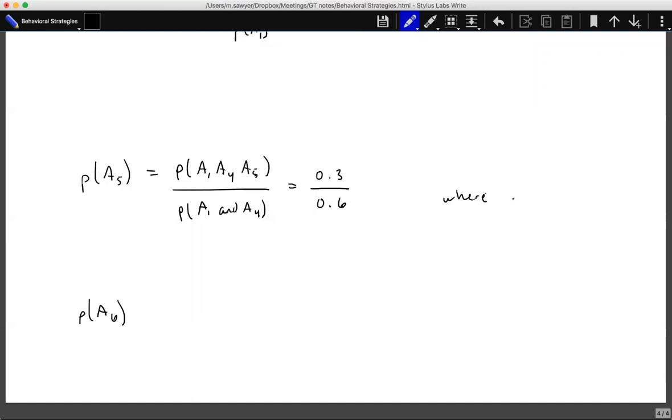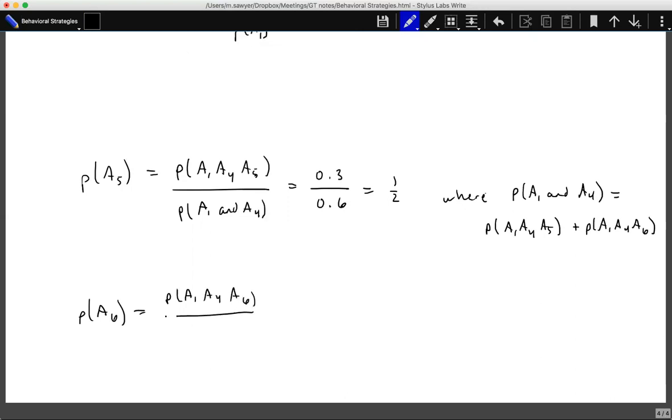Let's do an aside calculation: the probability of A1 and A4 is equal to the probability of A1, A4, A5, all the different combinations where we have A1, A4 present. So A1, A4, A5 plus A1, A4, A6. So this is 1/2. And the probability of A6 is the probability of A1, A4, A6 divided by the probability of A1 and A4. And again, this is equal to 1/2.